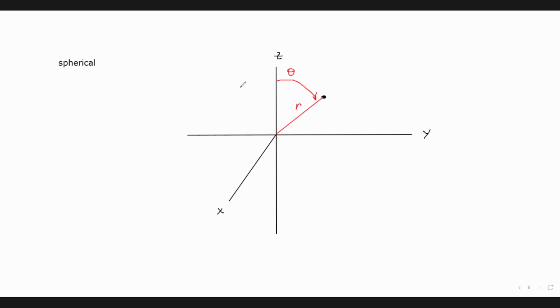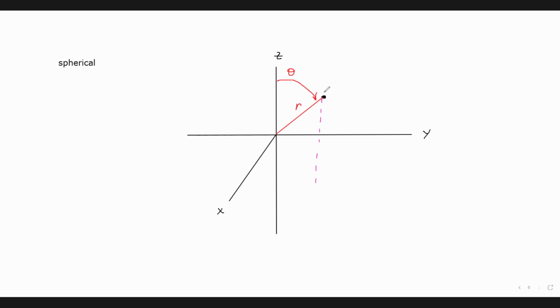All right, so I need one more coordinate. And the one I use is called the azimuth. I drop a perpendicular to the XY plane.